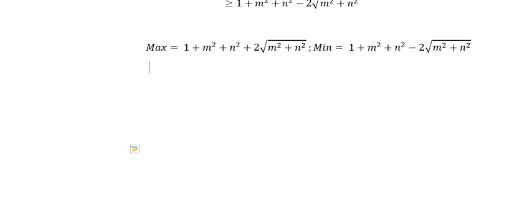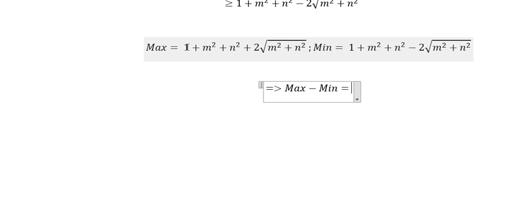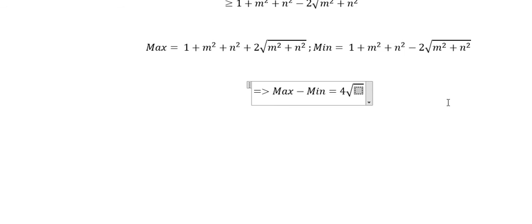So, maximum minus minimum. In the maximum we have 1 plus m power 2 plus n power 2. In the minimum we have 1 plus m power 2 plus n power 2, so they will eliminate each other. In this one we have the negative, so it changes to positive, and we have 4 square root of m power 2 plus n power 2 equal to 40.